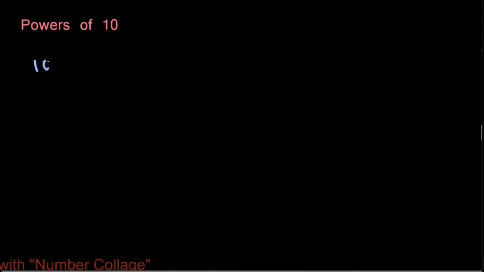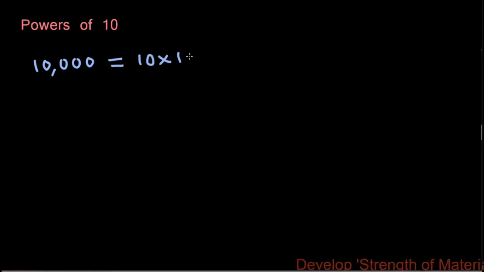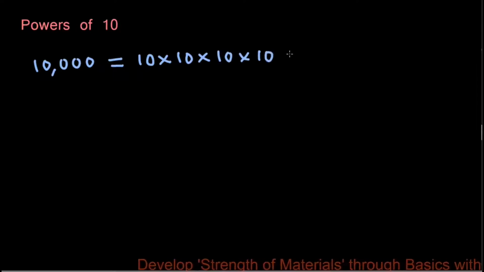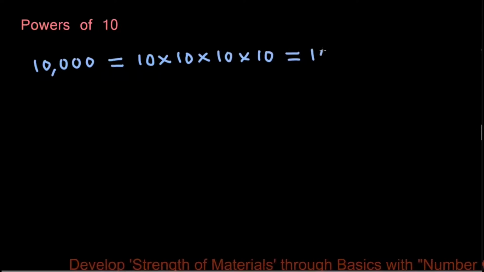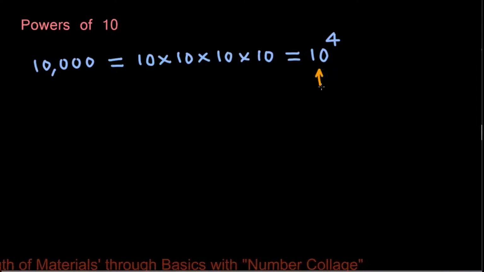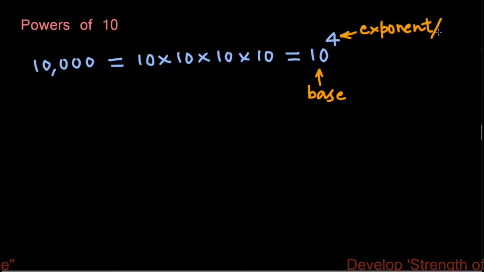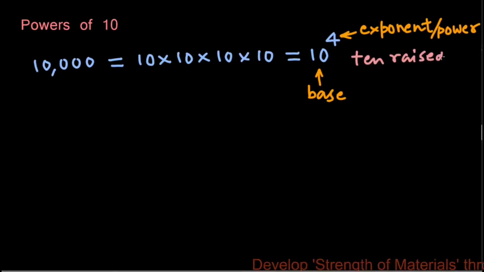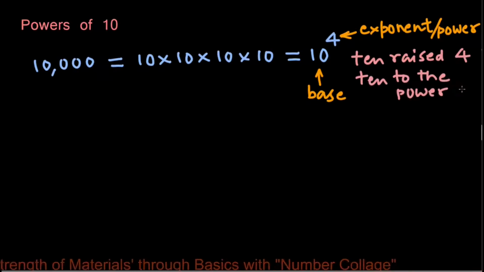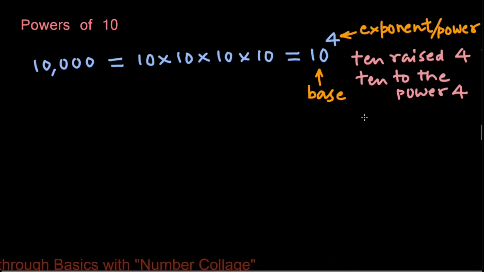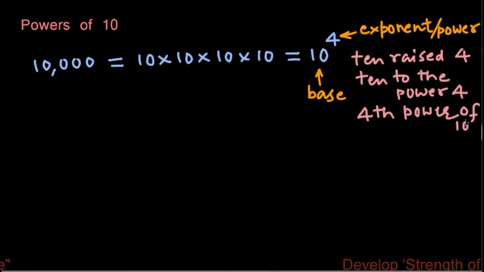Now we will see how we can write numbers in powers of 10. We write 10,000 as 10 multiplied by 10 multiplied by 10 multiplied by 10, 4 times, and this we write as 10 raised to 4. Here 10 is called the base of the exponent, 4 is called the exponent or power of 10, and this is read as 10 raised to 4, 10 to the power 4, or simply fourth power of 10.